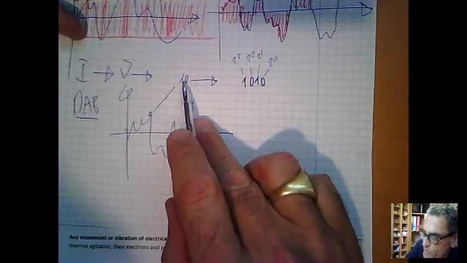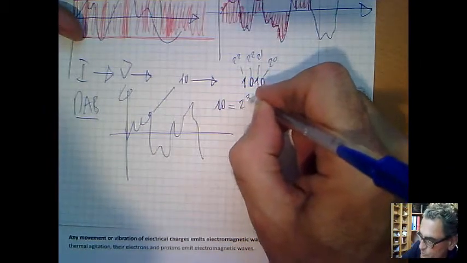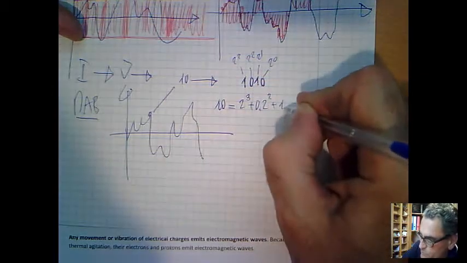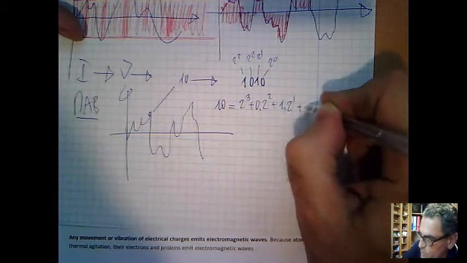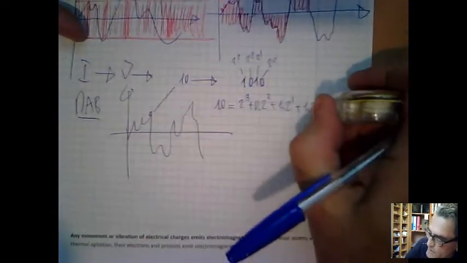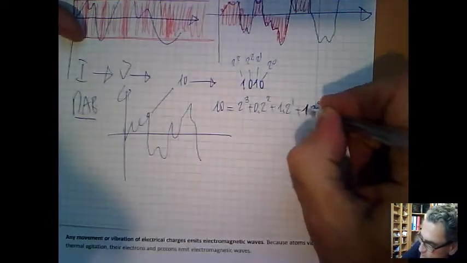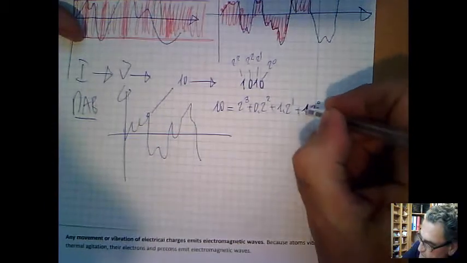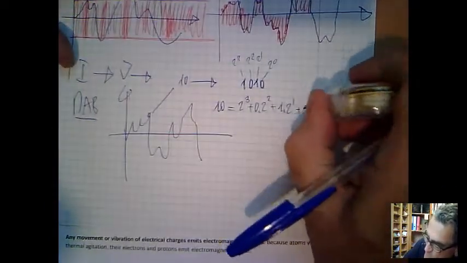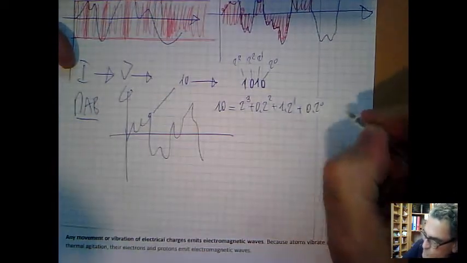Okay, basically you write this number as powers of 2. 10 is 2 to the power 3 plus 0 times 2 to the power 2 plus 1 times 2 to the power 1 plus 0 times 2 to the power 0.